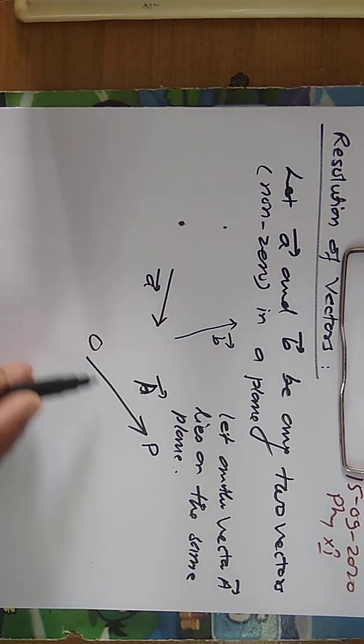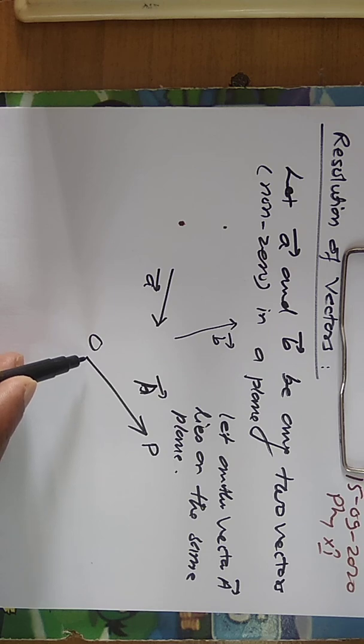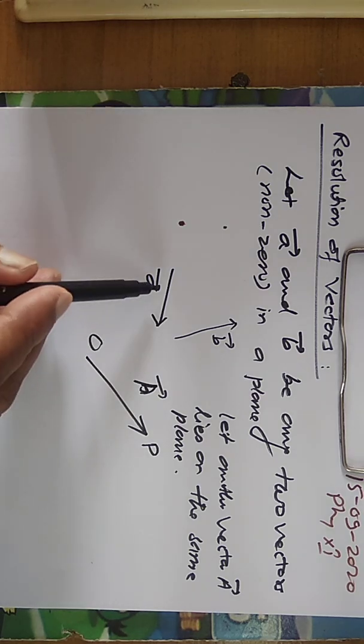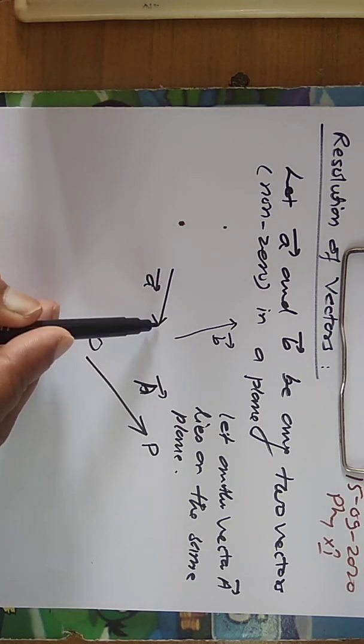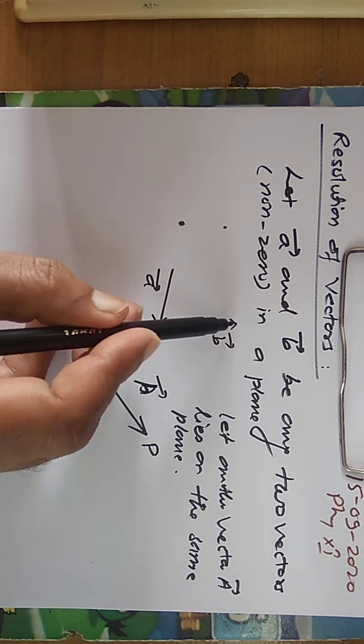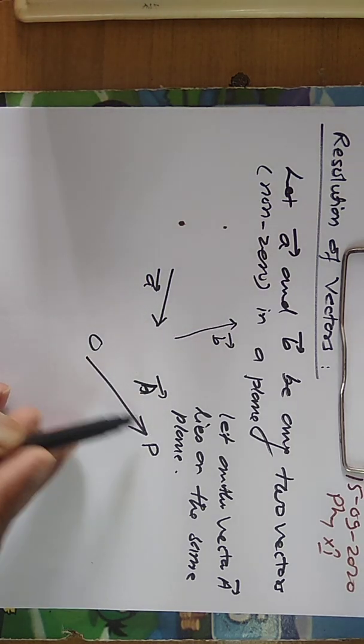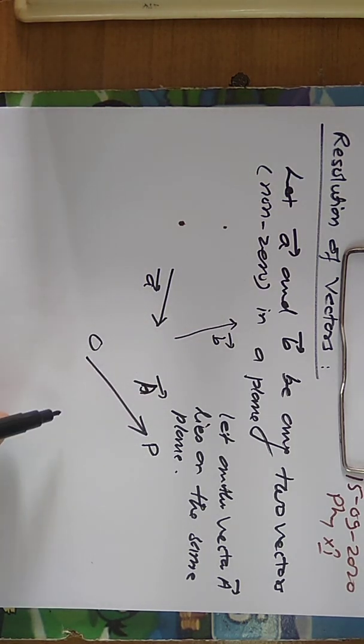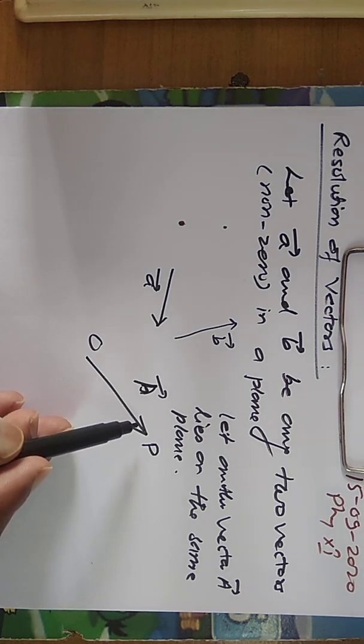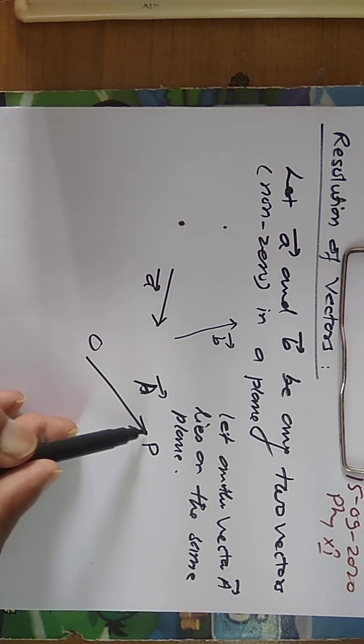Now we want to resolve this vector OP in the components which are parallel to vector A and parallel to vector B. A single vector can be split into two other components.